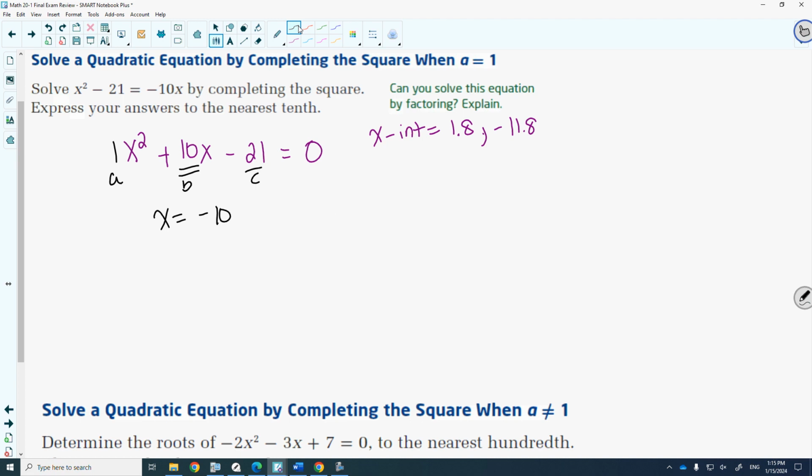So negative 10 plus or minus the square root of b squared minus 4ac. a is 1 and c is negative 21, all over 2a. Sorry, a is 1.